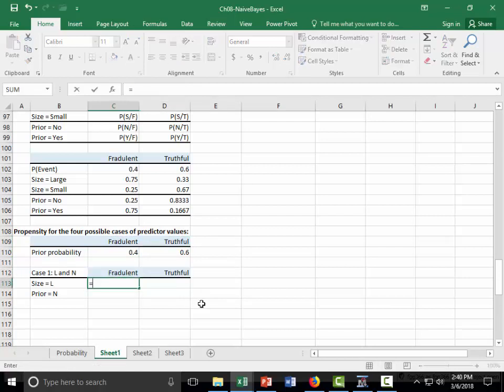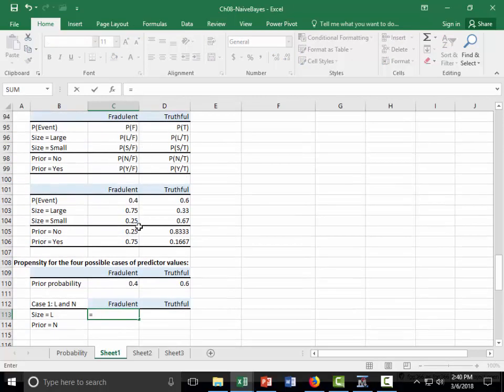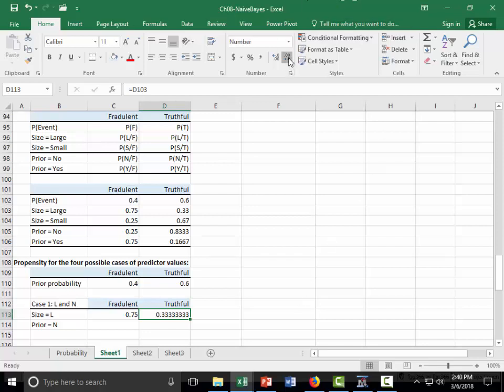So now we have size is L, so L given F, okay, L given F is that, and L given T is that. Now N given F and N given T.